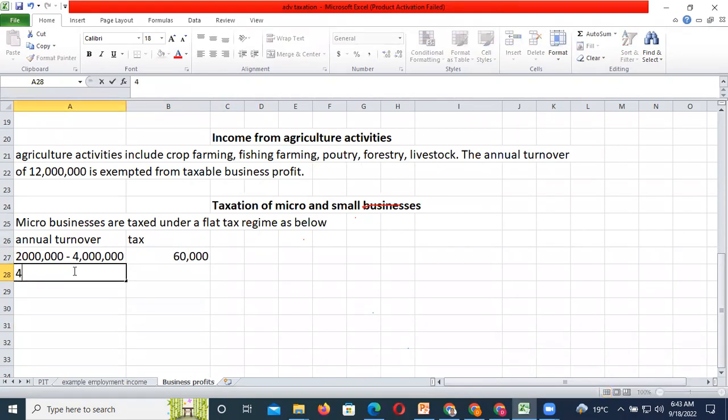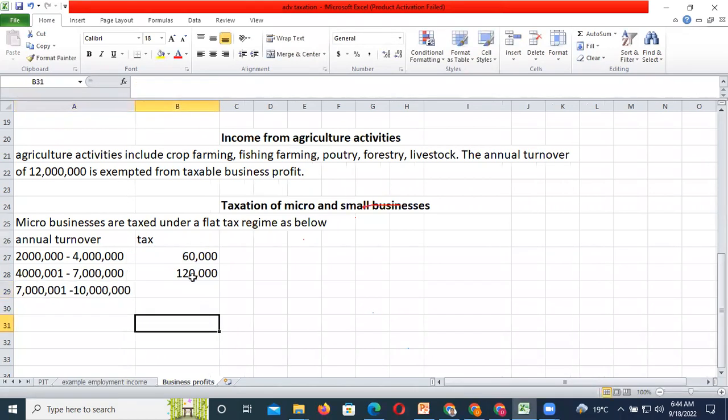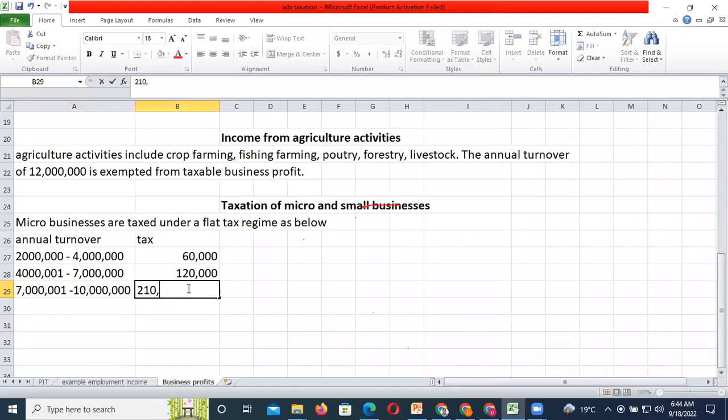From 4 million and 1 to 7, the tax is 120. From 7 to 10, the tax is 210. And from 10 to 12M, the tax is 300. So that is how we tax the micro businesses. This is what we call a flat tax regime.